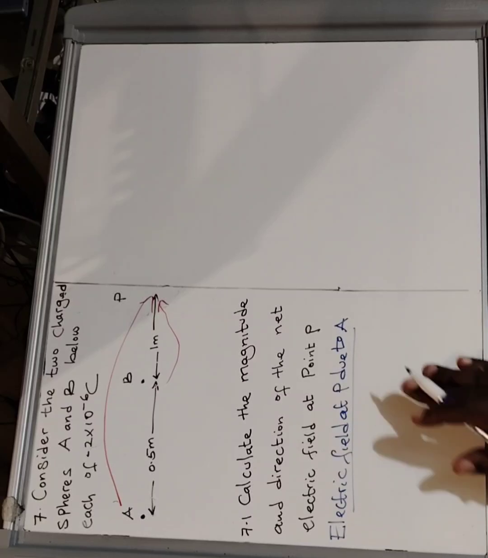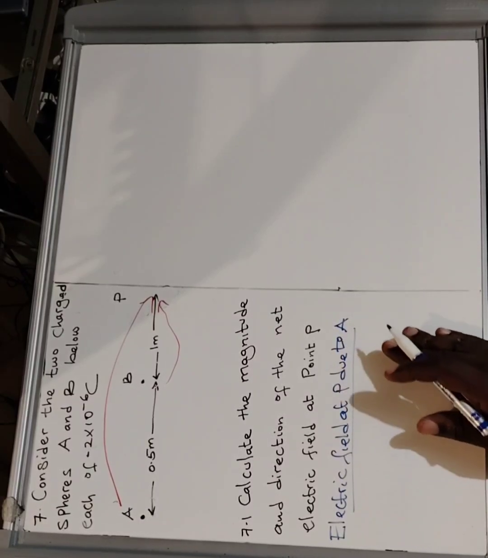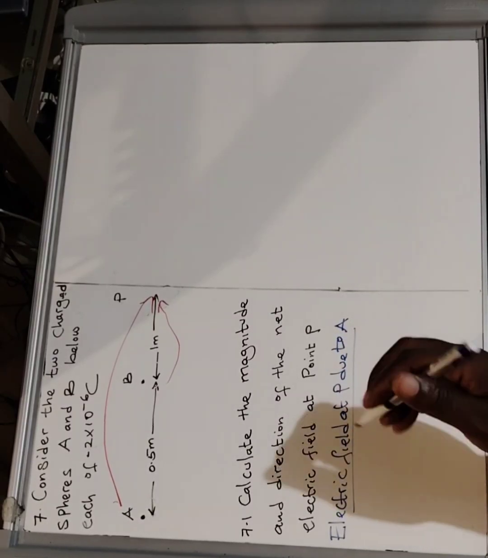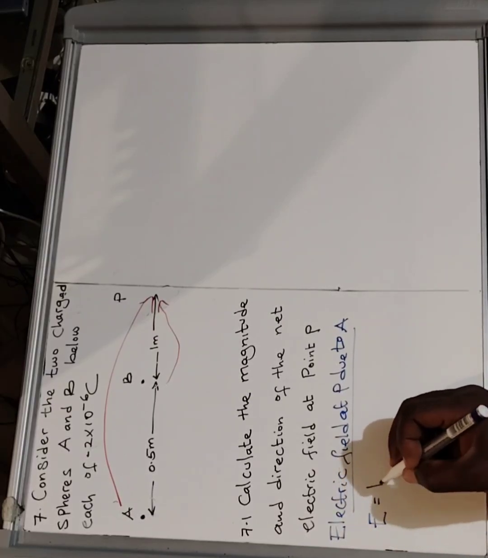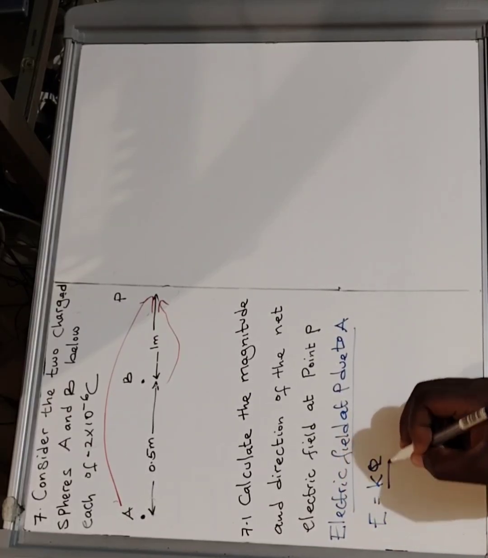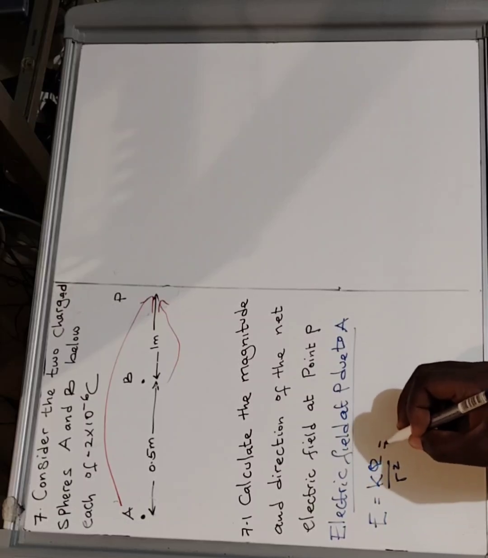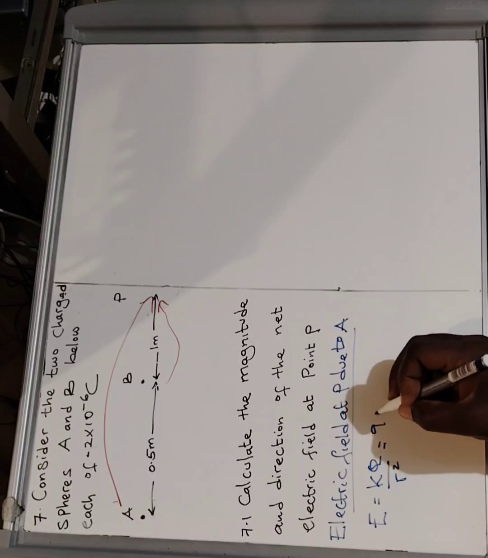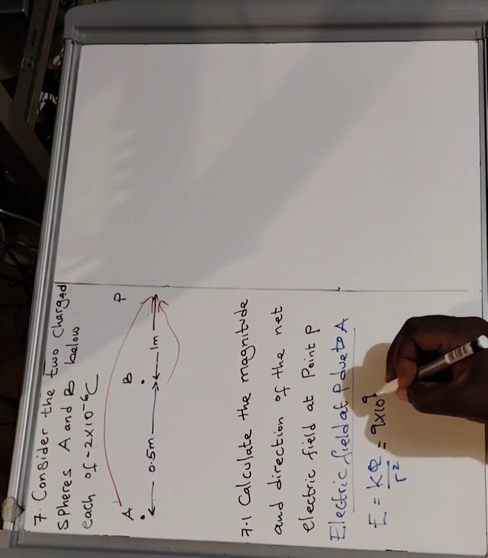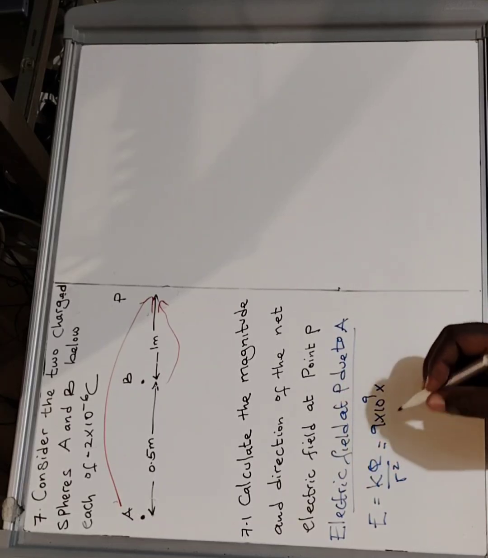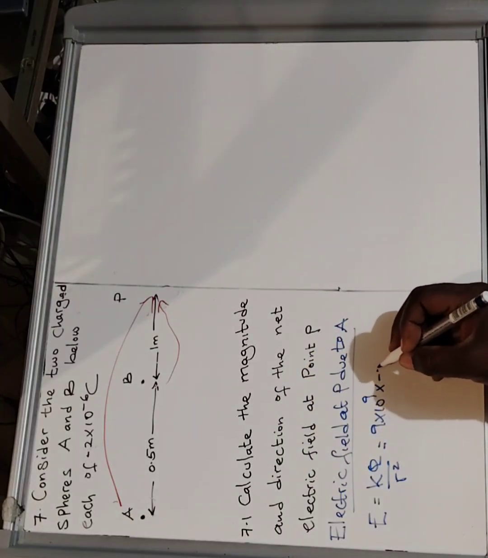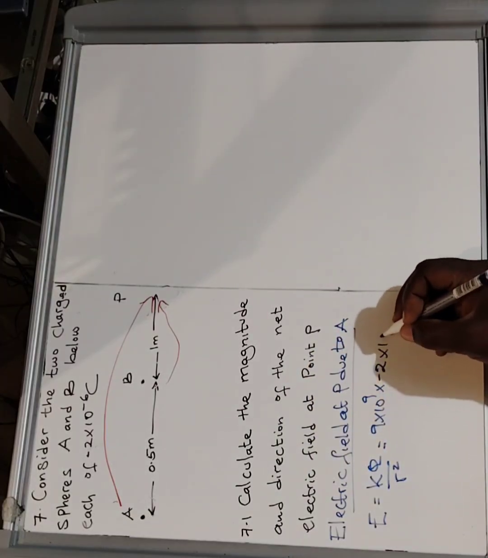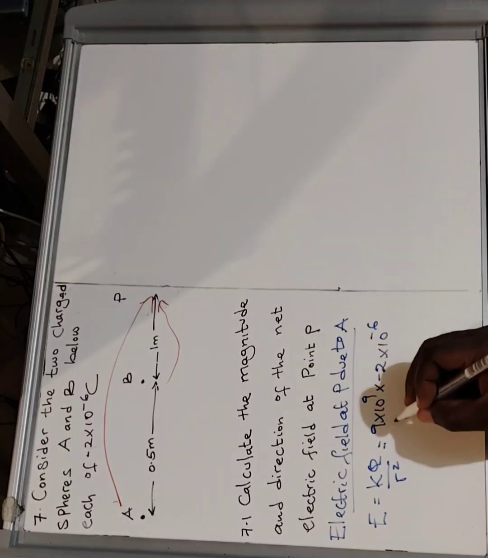So there we are. Electric field at P due to A. It's given by E equals KQ over r squared, where K is 9 times 10 to the power 9, and Q is the charge at A, which is equal to -2 times 10 to the power -6.